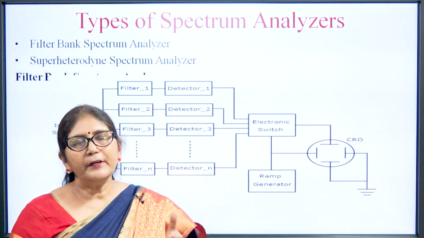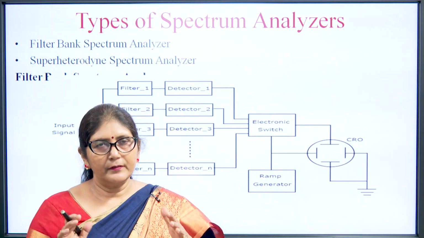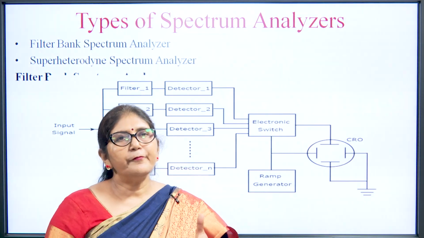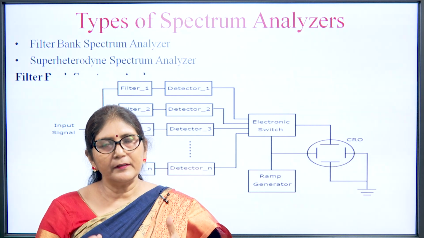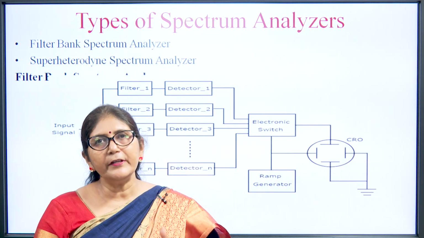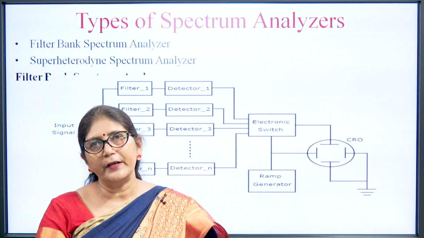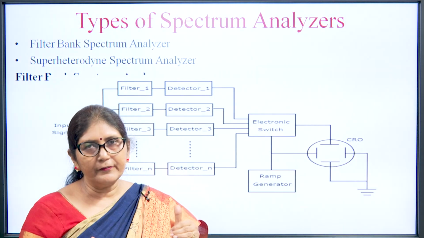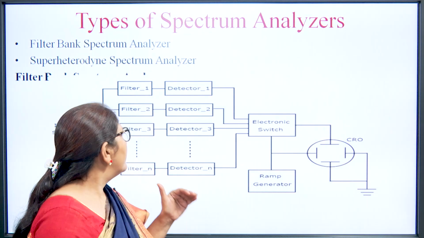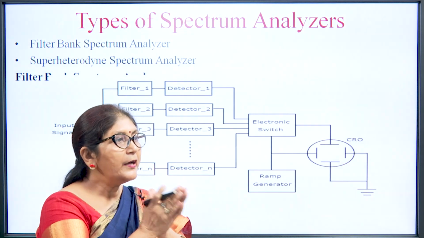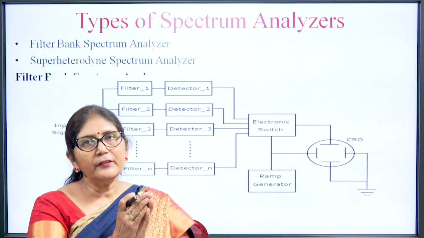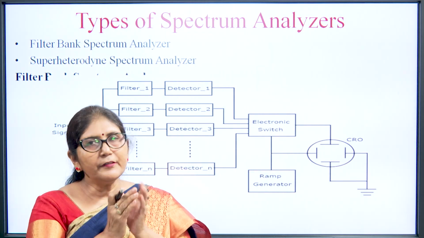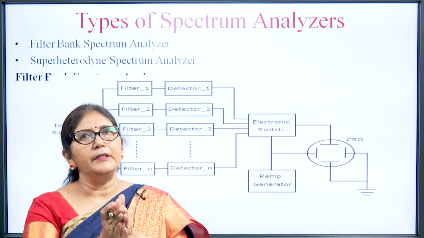These are pass band type filters, and they have very sharp, very narrow bandwidth, with different cutoff frequencies. The filter bandwidths overlap each other, so that all the frequency components can be seen on the screen.